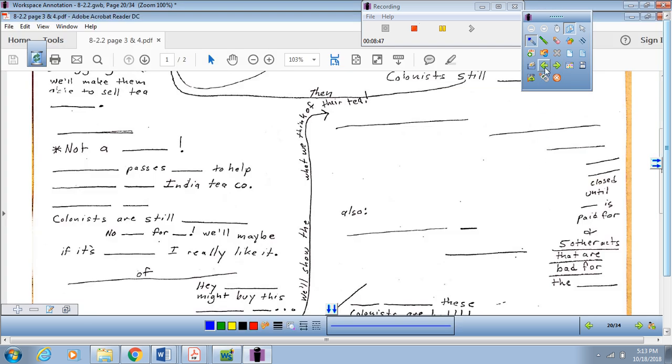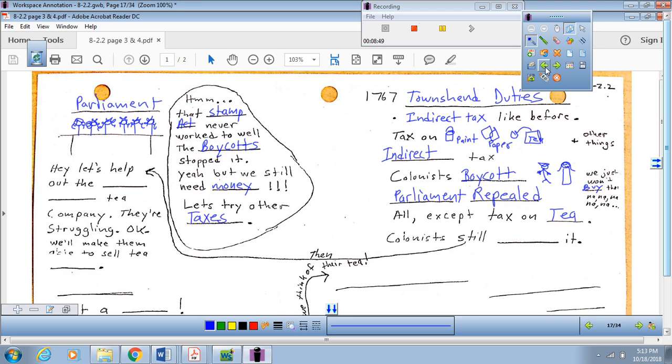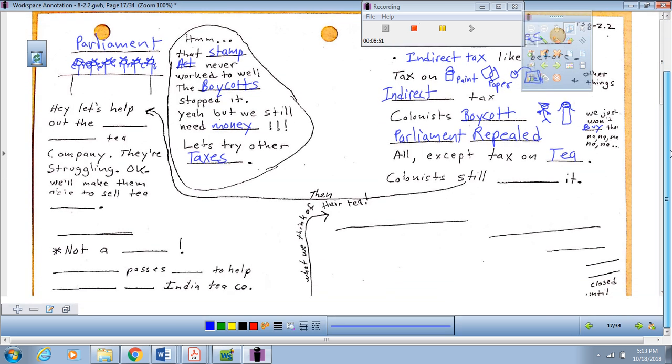Now, the next part of the lesson concerns a company in Britain. And the company in Britain that was in trouble was called the East India Tea Company. And Parliament, having an interest in keeping the East India Tea Company successful, decides to pass a law to make them able to sell tea cheaper.